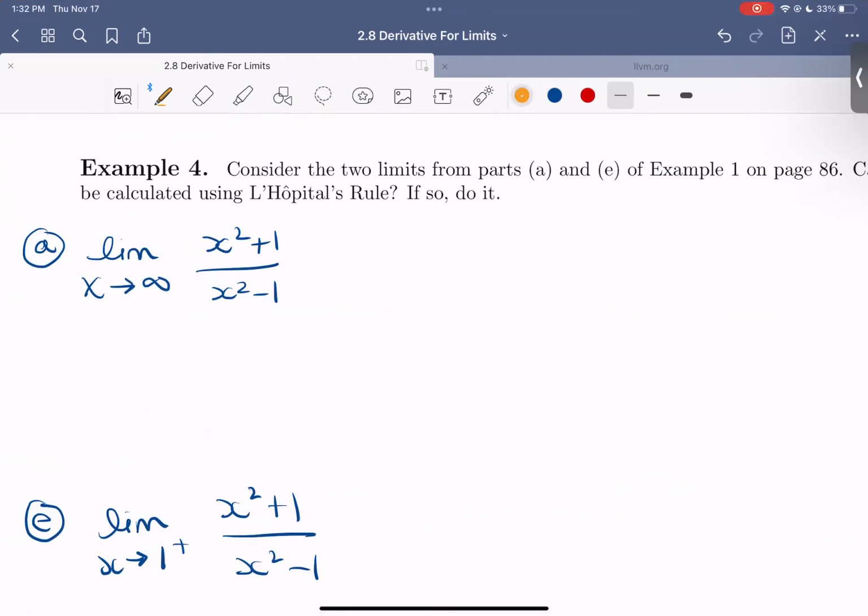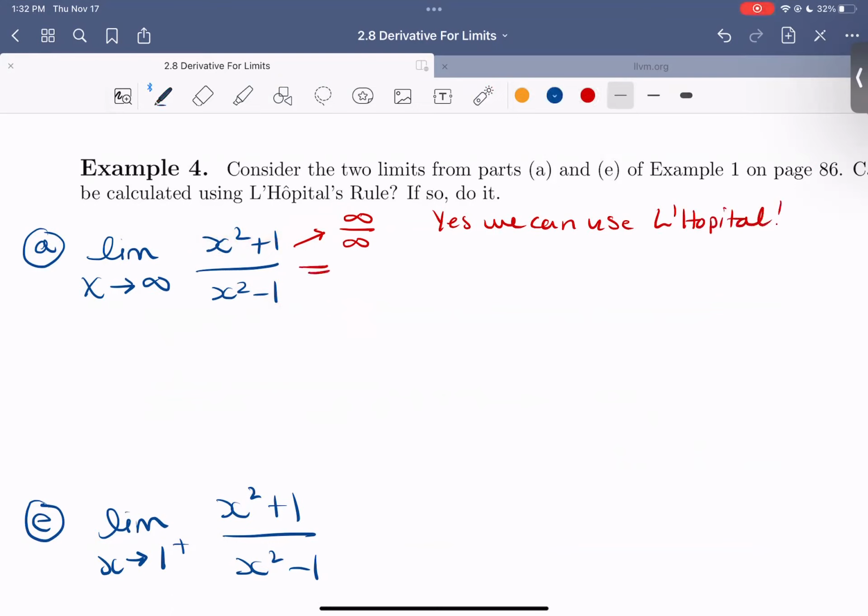All right, so let's look first at part A. Notice that as we get very large x's, our numerator goes to infinity and our denominator goes to infinity. So here we have the form infinity over infinity, so yes, we can use L'Hopital's rule.